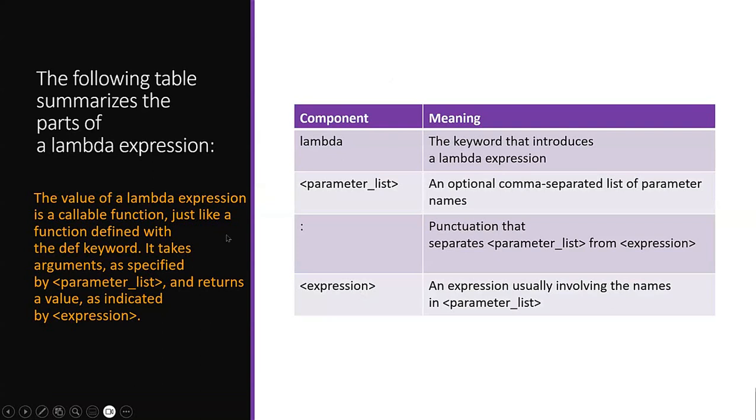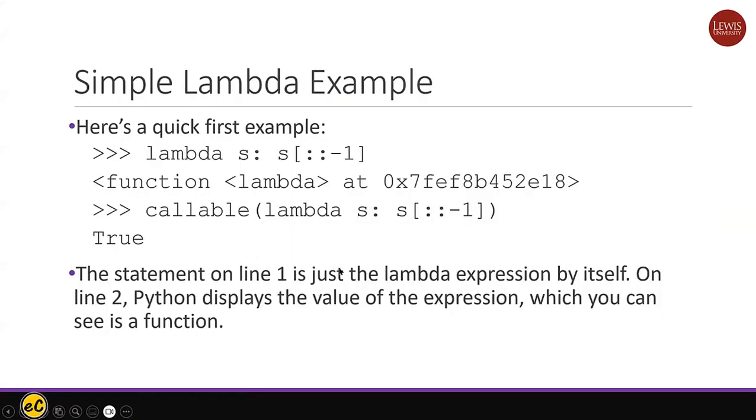So a lambda expression is a function without a name, but itself is also an expression. So lambda s: s[::-1]. If you check whether it's callable or not, it will return true. Okay.